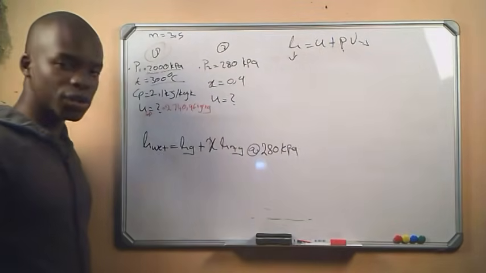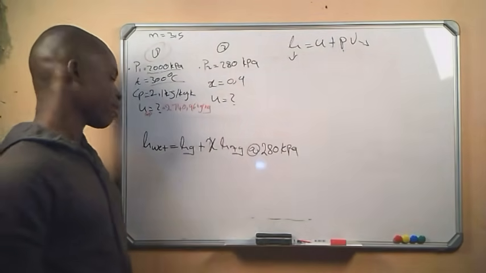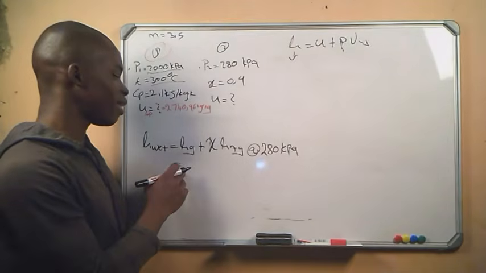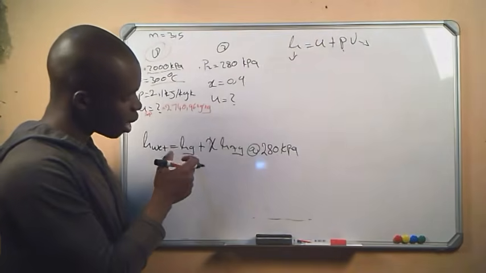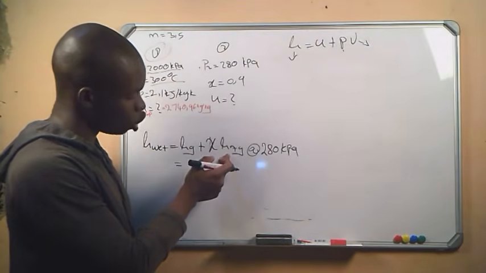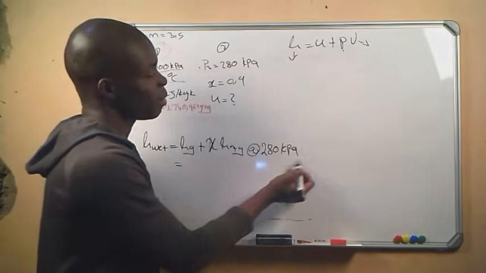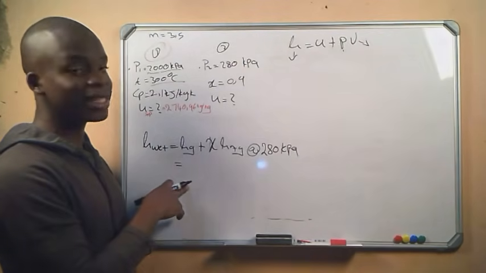And then we go into our steam table again and extract the values of Hf, Hg and Hfg at the pressure of 280 kilopascal.